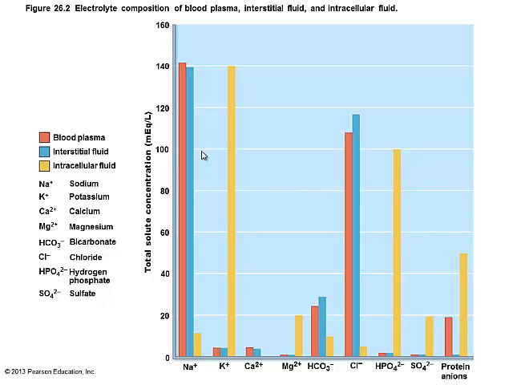So I know you're going to hate me, but we have to understand the difference between ion concentration inside and outside cells. So this diagram here shows us electrolyte composition of blood plasma, interstitial fluid, and intracellular fluid.